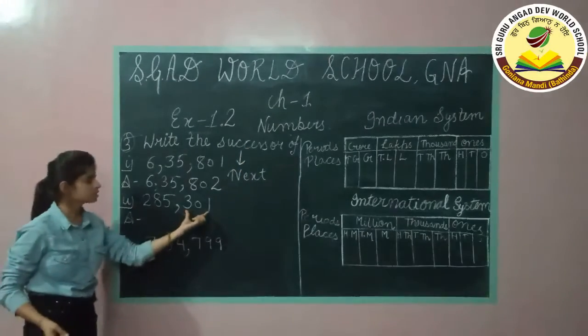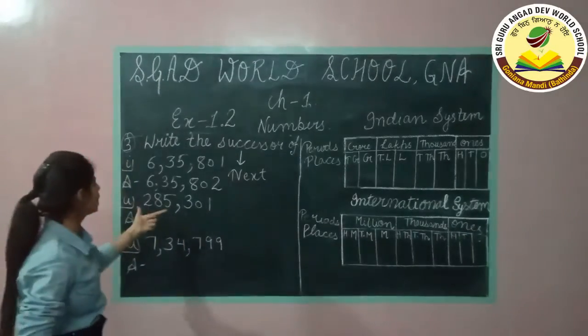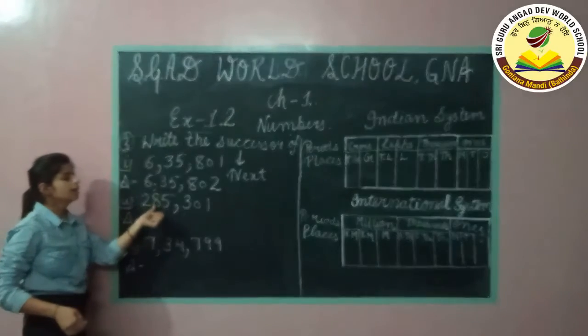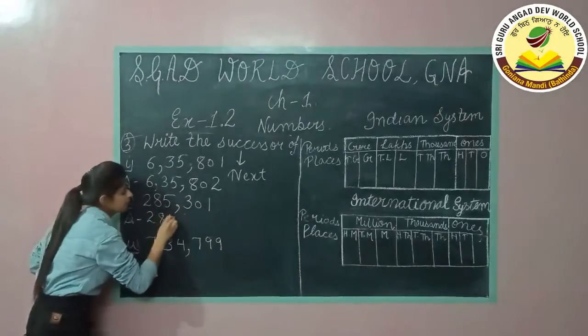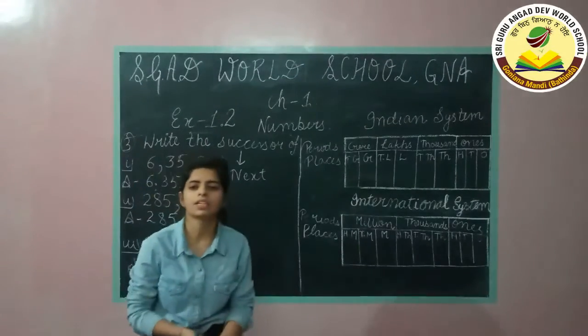And the successor of 301 is 302. So we write the proper number 285,000. 285,000. What will the successor of 301 be? 302.